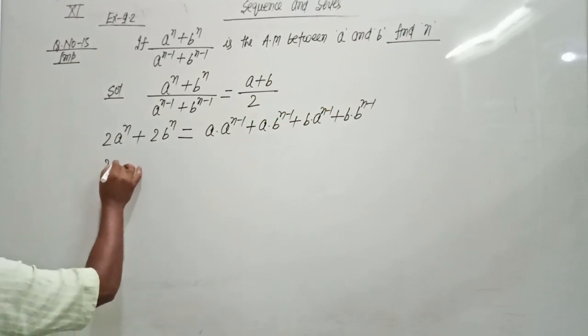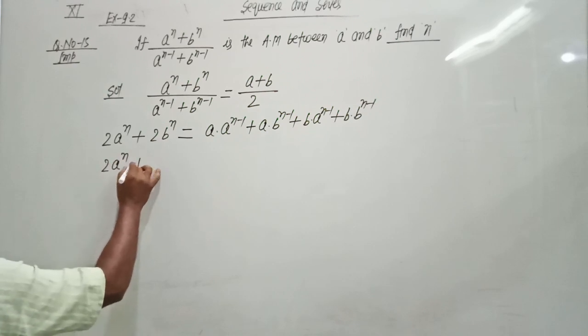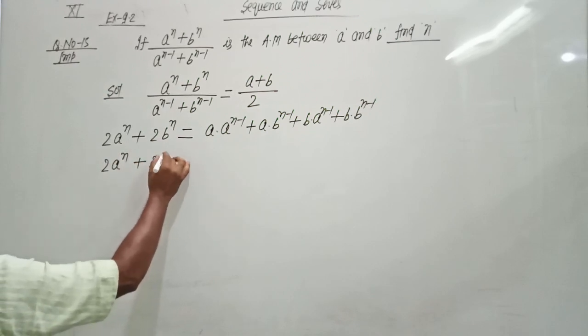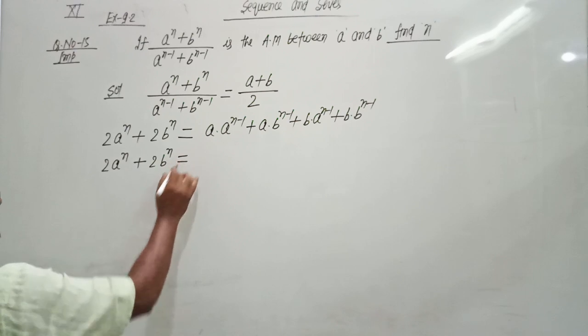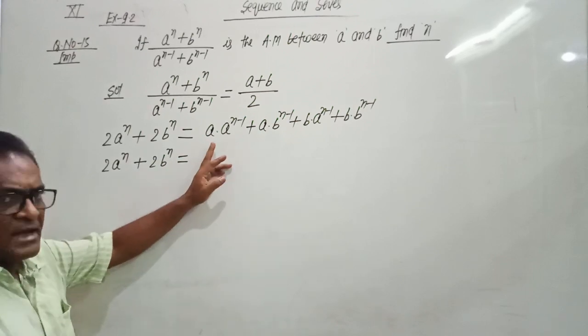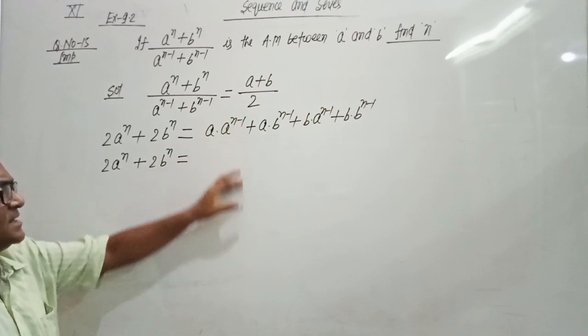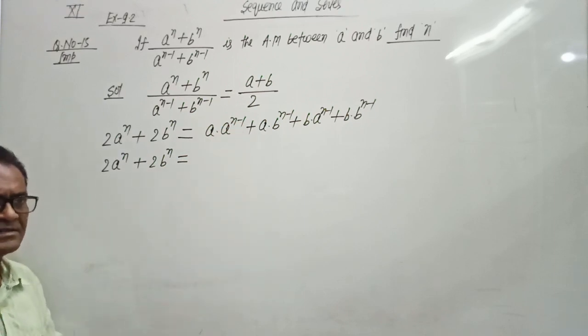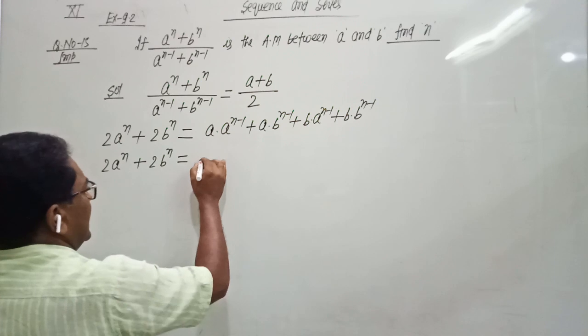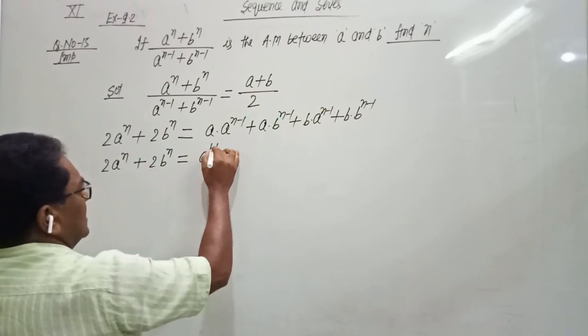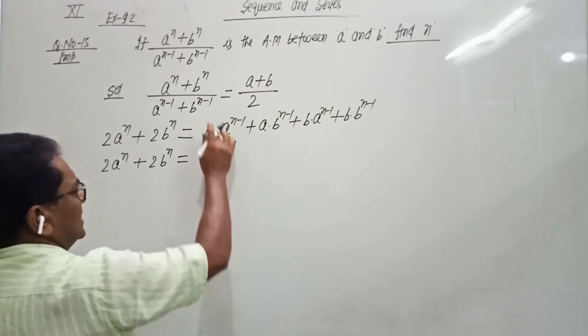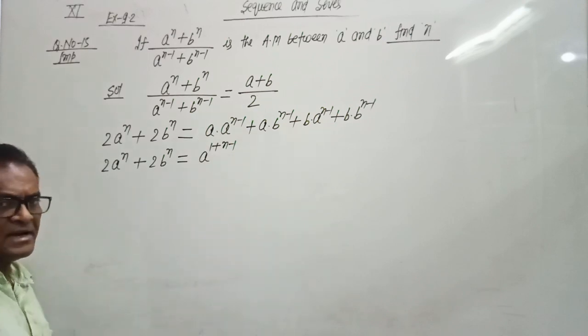Then 2 into a^n plus 2 into b^n equals to, here the power of a is 1 and here the power of a is n minus 1. Bases are same, so powers are added: a raised to the power 1 plus n minus 1. If there is nothing, it means the power is 1.